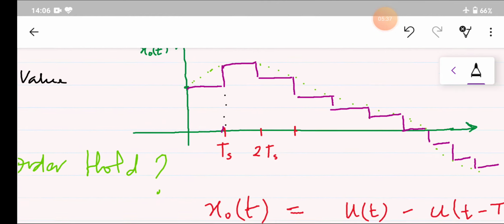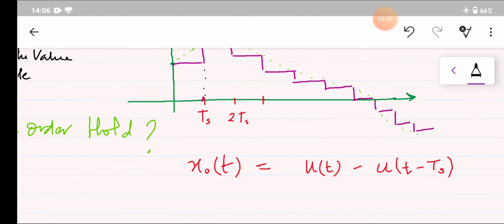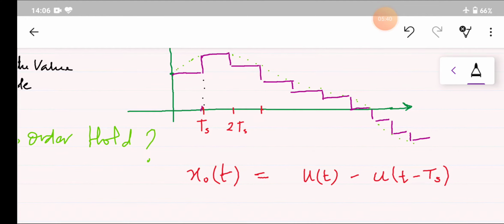So we are considering only the first sample, which gives us x naught t equal to ut minus ut minus ts, and this will be added for all the other parts.